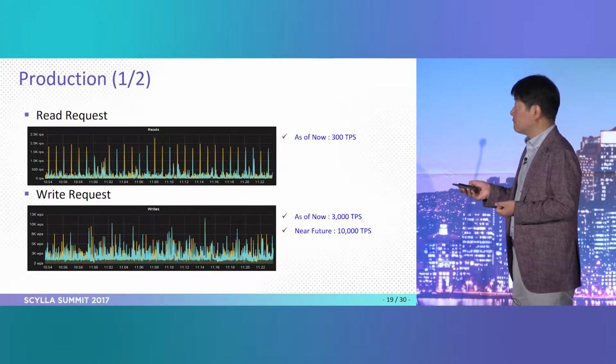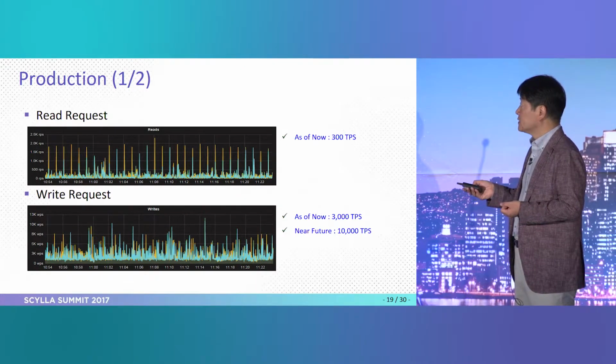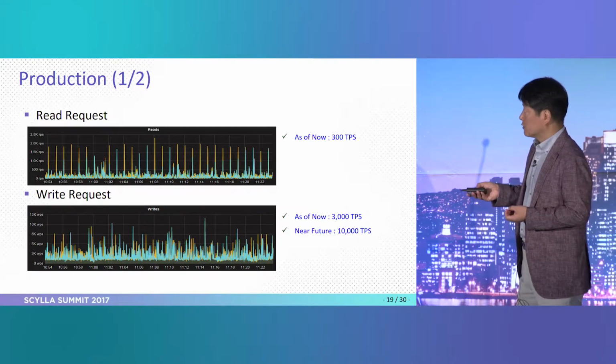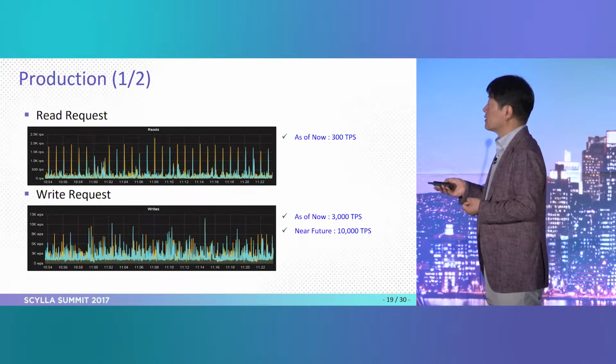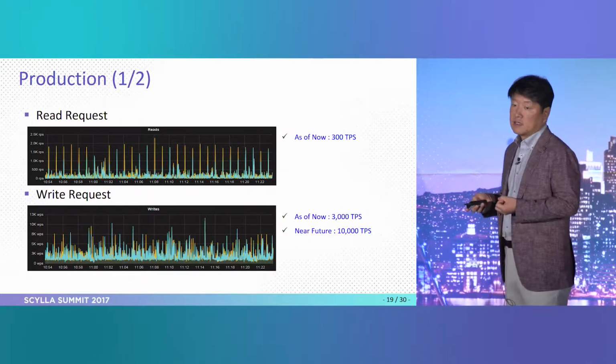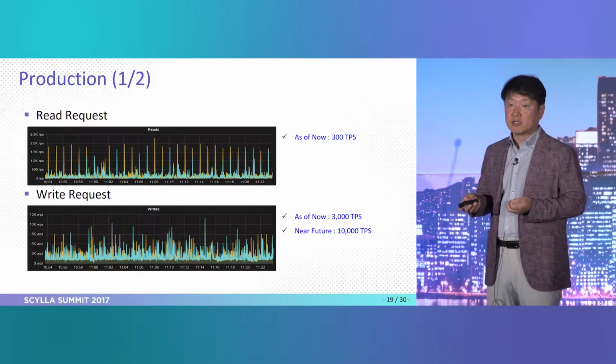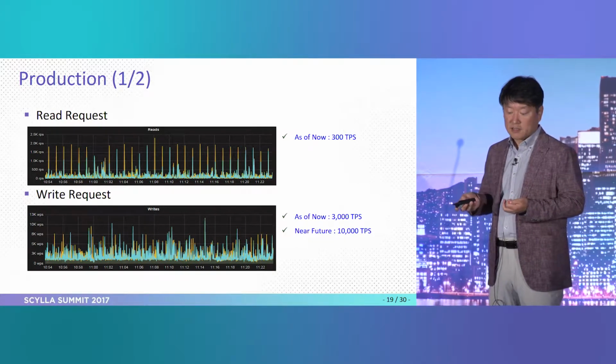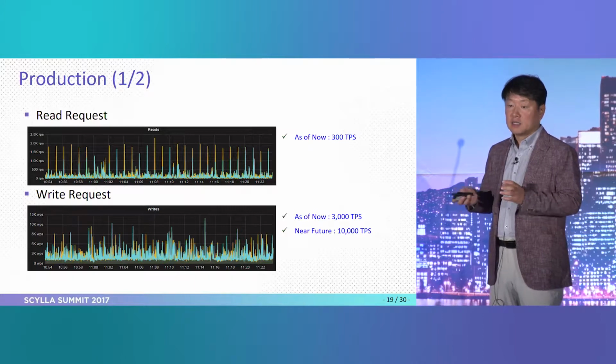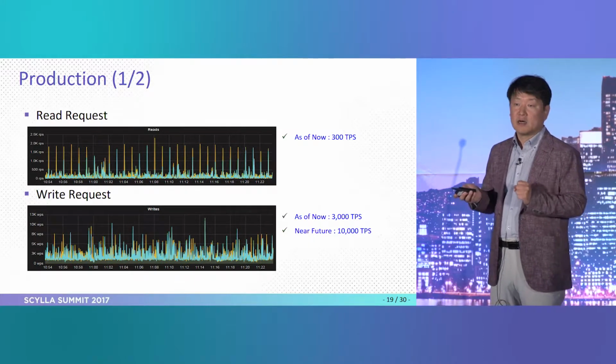This is the production metric. As you can see, the read request and write request are good, but the throughput is not greater than we estimated in the beginning of the project, because some equipment sensor data is not adopted yet.